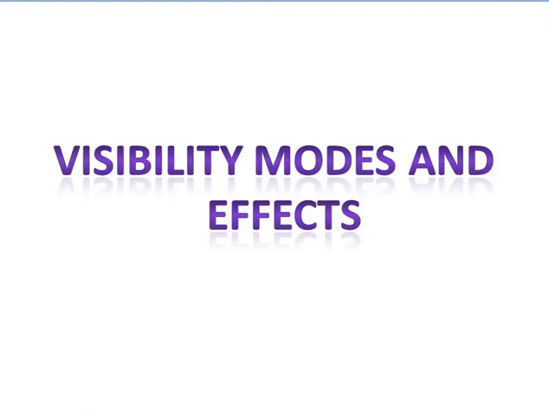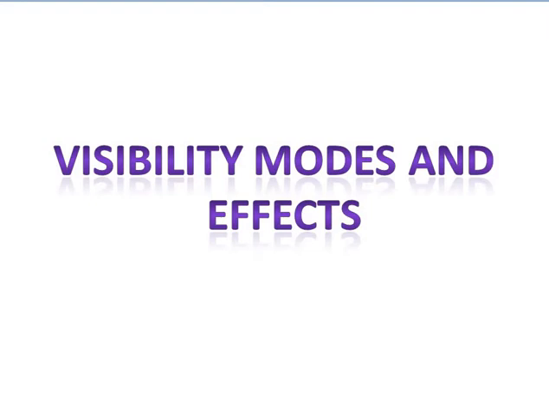Next, we will see the different visibility modes and their effects in C++. Visibility modes means access specifiers. In C++, there are three types of access specifiers: public, private, and protected. We want to use these visibility modes while deriving the class.